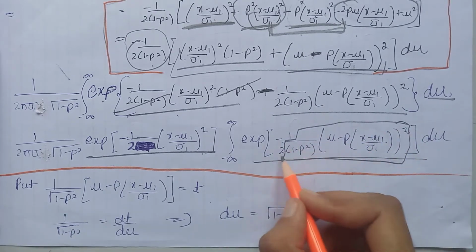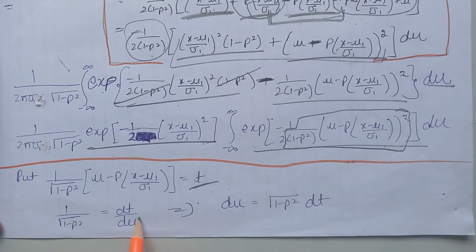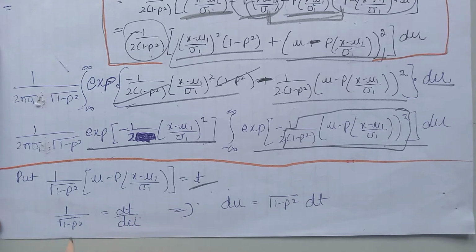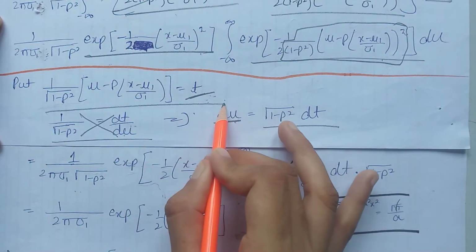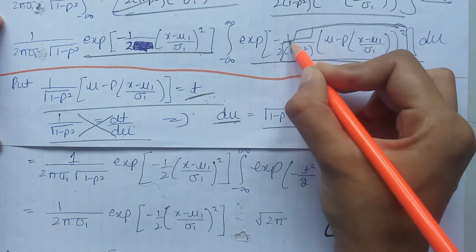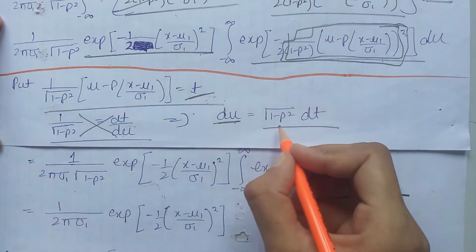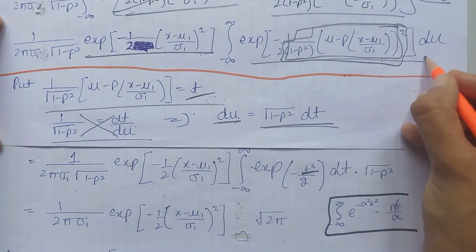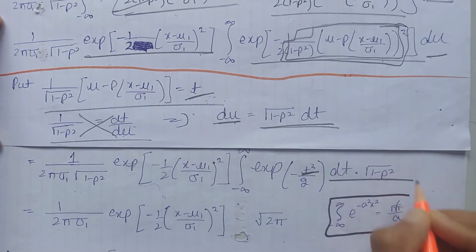Now to make this integration easier, we will substitute under root of this term equal to t. If we differentiate both sides with respect to mu, we get this, and after cross multiplication the value of d mu is equal to this term. So now according to this equation, in place of this term we write only t square, and in place of d mu we write under root 1 minus rho square multiplied by dt.